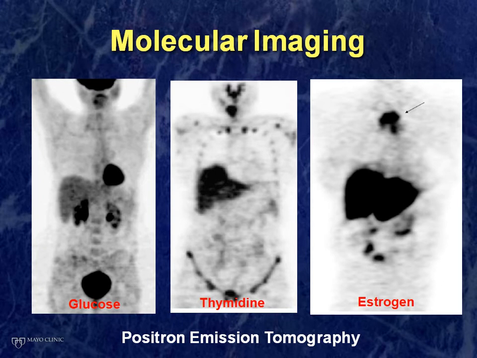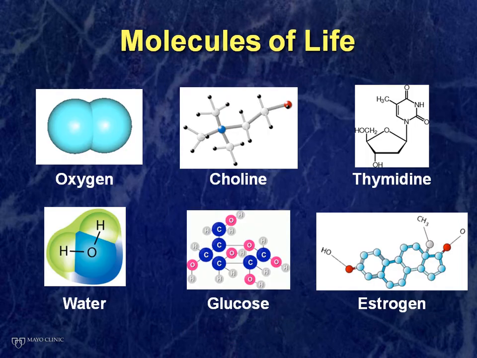With molecular imaging, what we can do with PET scanning is to create pictures of different types of molecules, whether they be glucose or thymidine or estrogen. We can make molecules. So when we think of these molecules of life, they're really important to our well-being, to our cells.